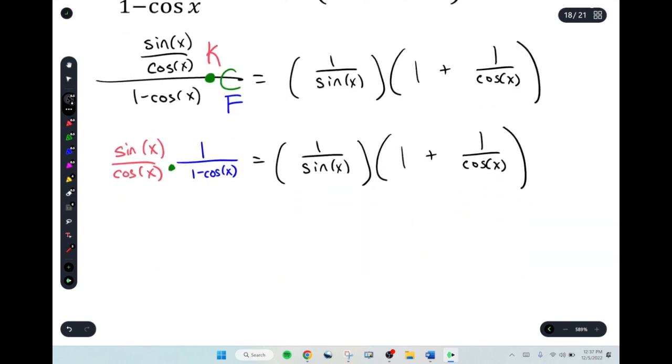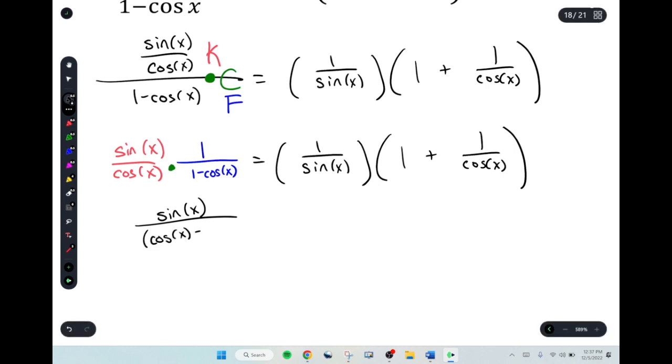Now what? I think we need to multiply the tops. What's sine times 1? Just sine. What's cosine times 1 minus cosine?